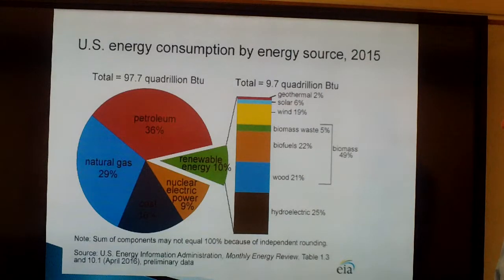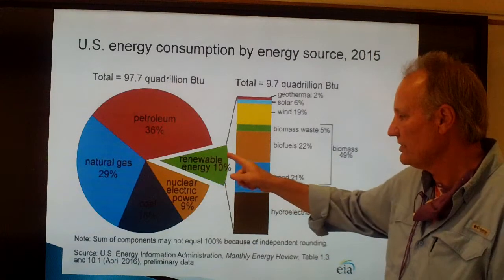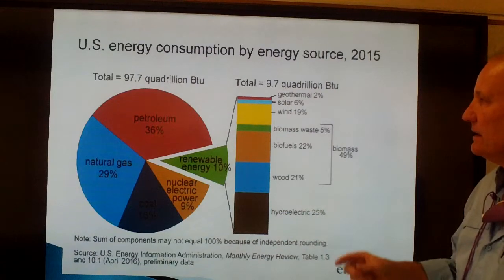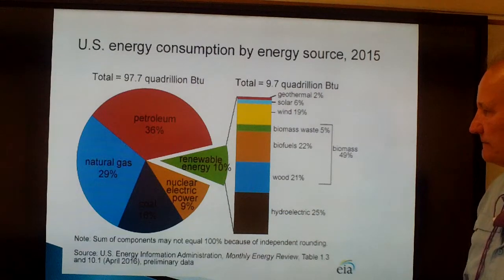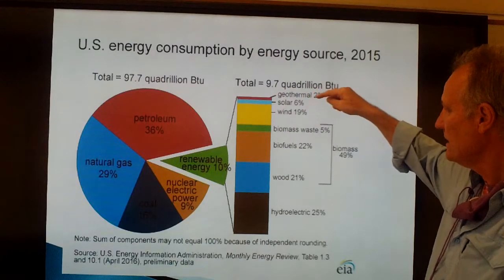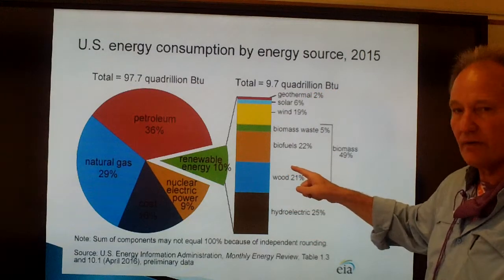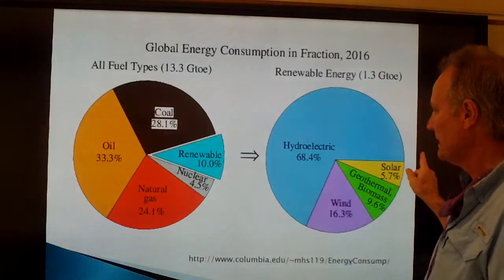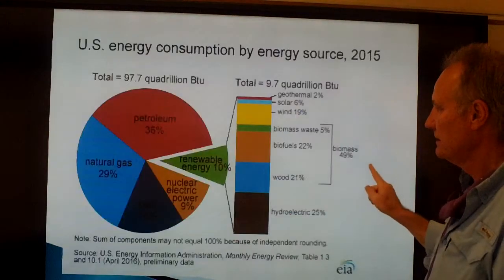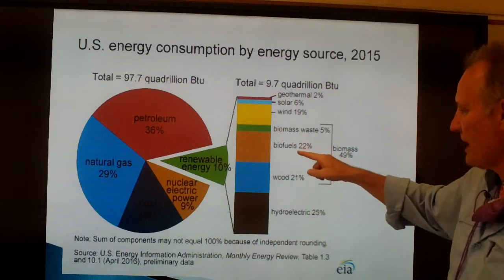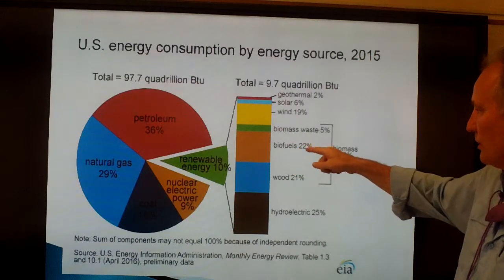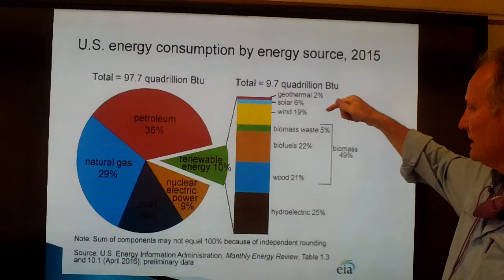Okay? So basically renewable energy is about 10% of the US energy consumption. And where is that? Most of it's hydroelectric, 25%. Some of it is wood, for people burning wood-burning stoves. Biofuels is catching on and getting more and more popular, 22%.